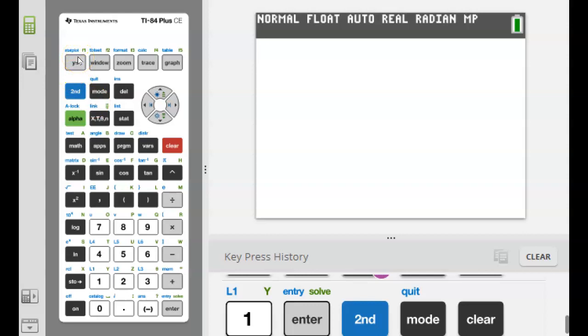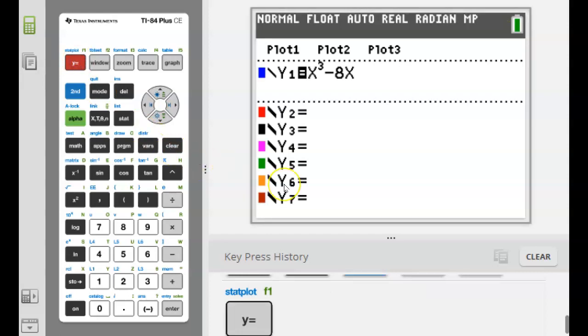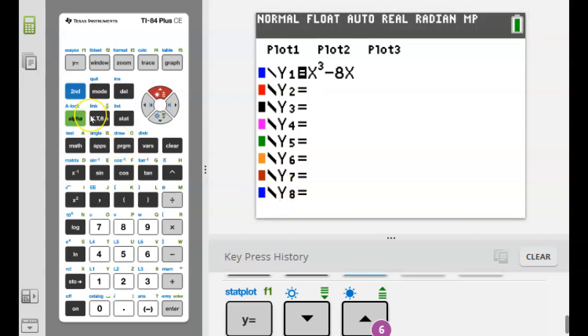When I want to go ahead and enter something, I'm going to go in here. Let's say on my X, I want to see what it looks like for an X squared minus 3.